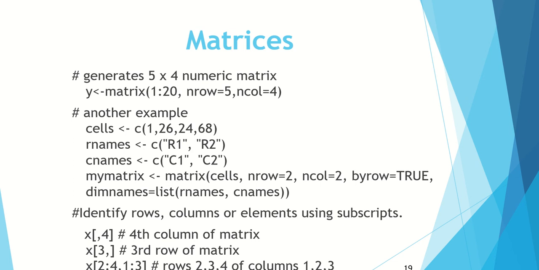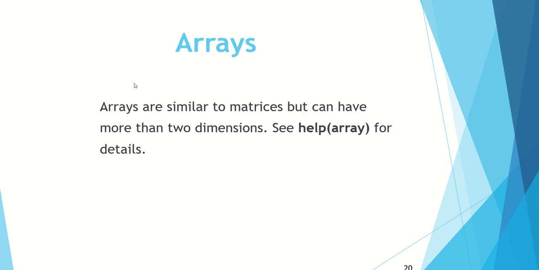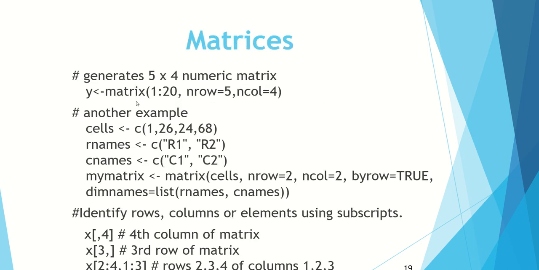Again, we can create a matrix using R. This is just a single line of code which will create matrix Y, and this is the first example of how to create matrices.